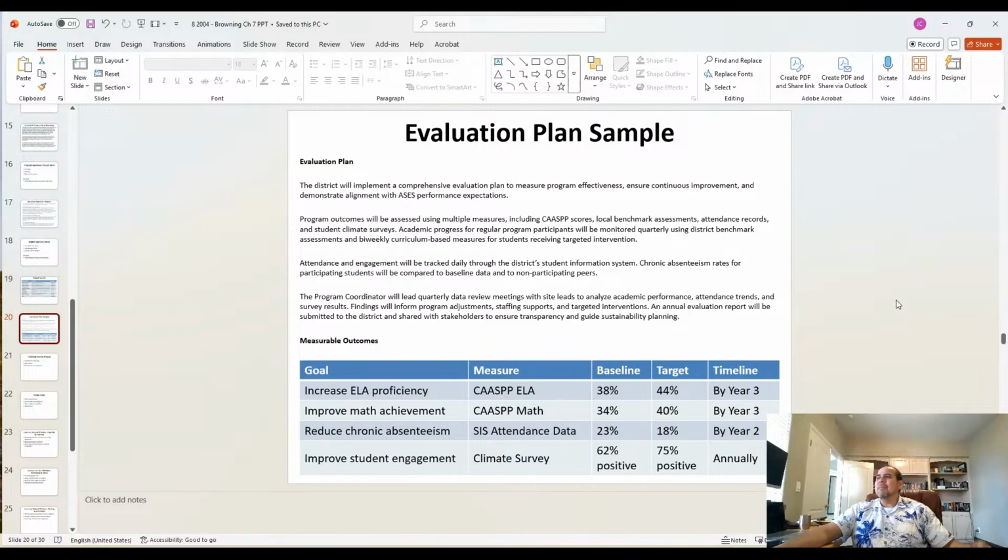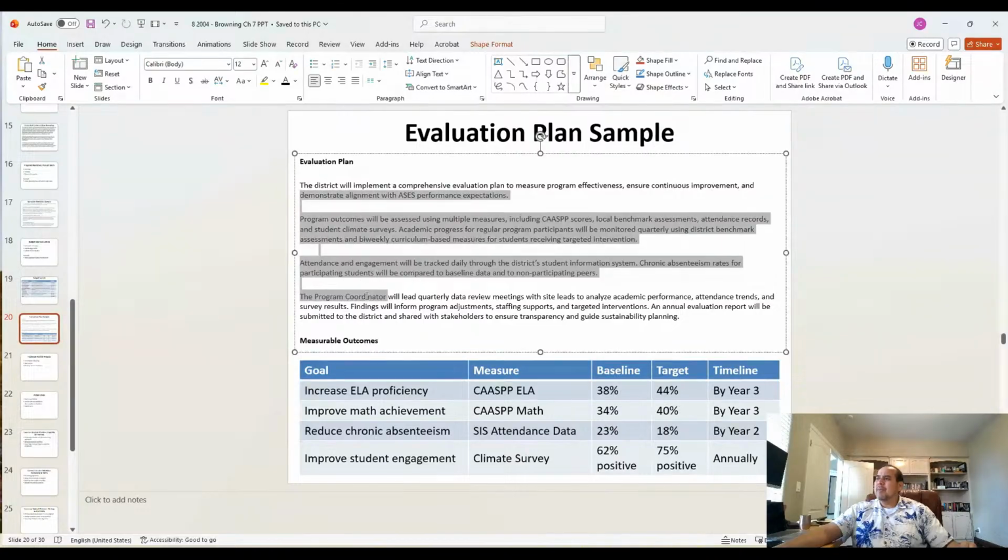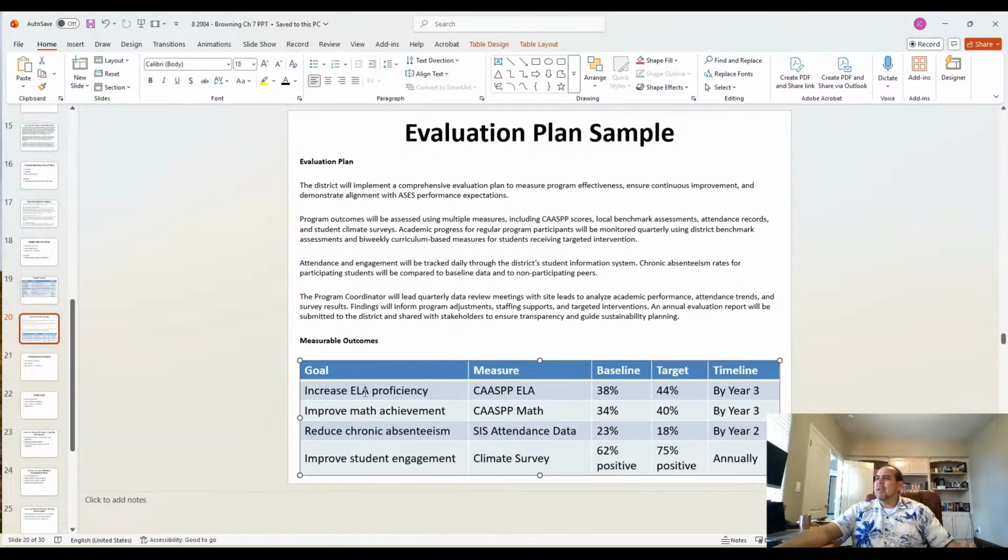All right, and then here's an example of an evaluation plan. And always understand evaluation is very important. Never assume that it's just an afterthought. It's important: the district will implement a comprehensive evaluation plan to measure program effectiveness, ensuring continuous improvement, and demonstrate alignment with ACE's performance expectations, and so forth. And then at the end of the explanation, you have a little table of the measurable outcomes, right?